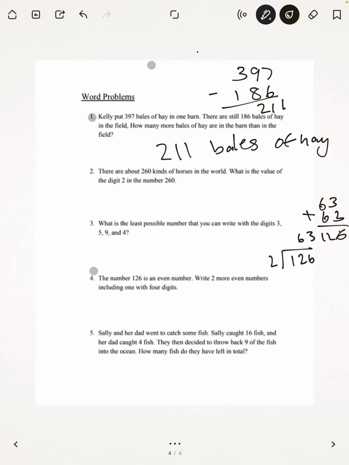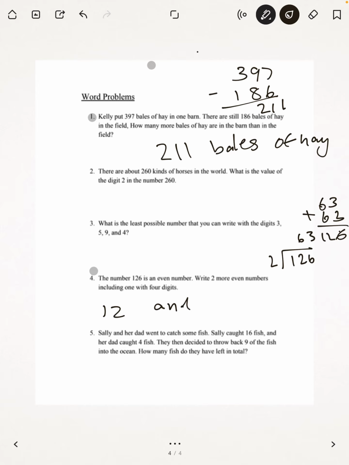We could do 12, because 6 plus 6 equals 12, so it's even. So we could just write 12, and a 4-digit number. When you write bigger numbers, you could just write 3 random digits, and the last digit is the most important one, because that's the one that decides if it's even or odd.